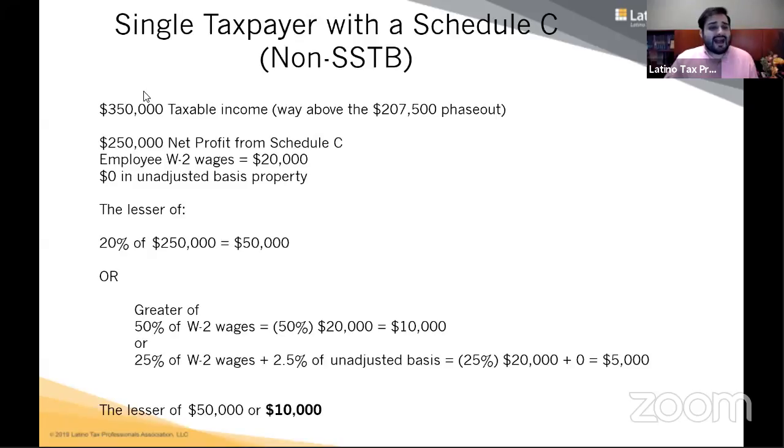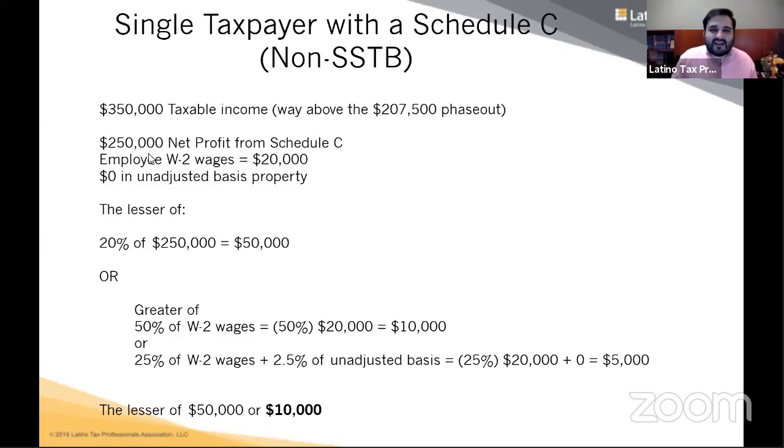Out of her taxable income, she has a Schedule C business. The Schedule C profits $250,000 of net income of profit, right? So that's the qualified business income, the profit, $250,000. Of that, she employs maybe one worker or maybe two.